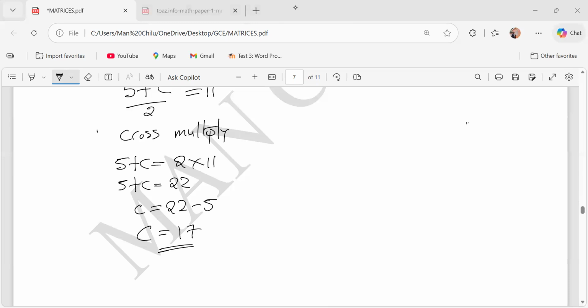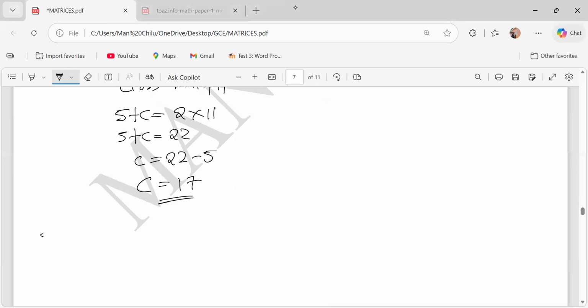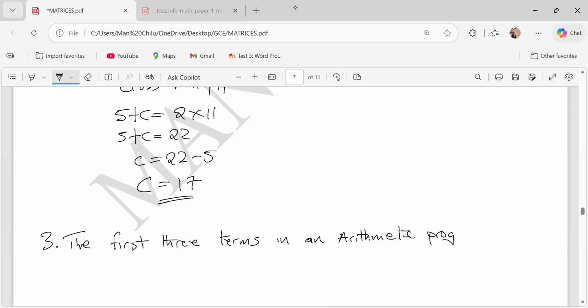Then question 3 says the first 3 terms in an arithmetic progression are 5, 7, and 9.